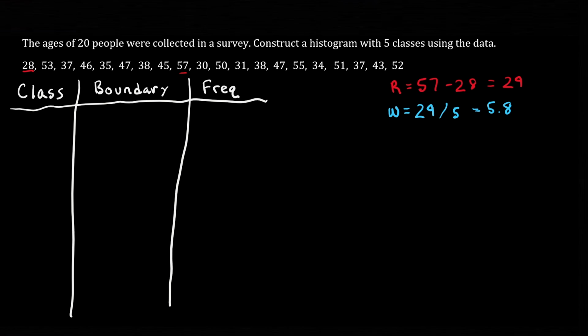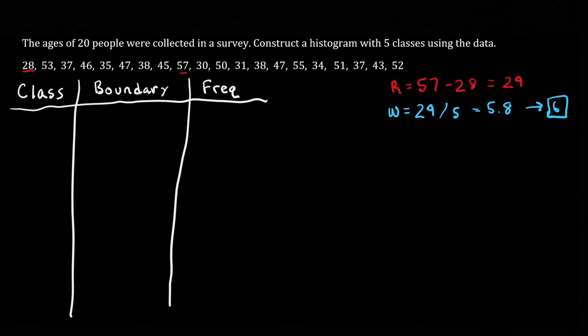Now, a very important step is to round up the width. We should do this such that the new width has the same number of decimal points as our data set. So since our data has only whole numbers and no decimal points, we round this to 6. Let's say we found the width to be just 5, we would still round this up to 6.